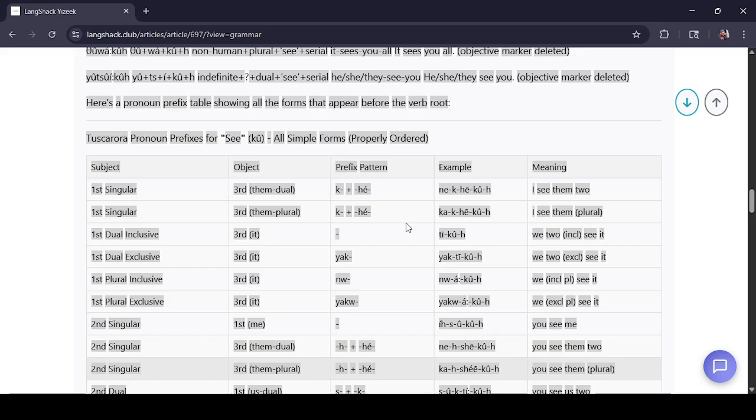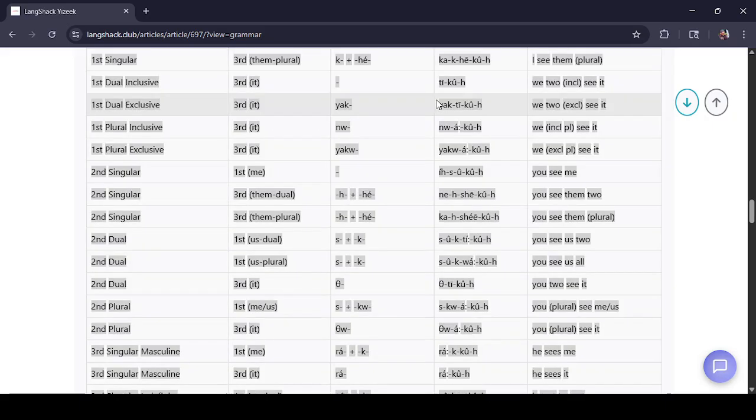Essentially it's me but not you, but it's still us. Then this is all of us, all three of us at least, and then this is like two of us excluding you, or me and me excluding y'all, something like that. Then second, singular, dual. But yeah, there's a lot of them.